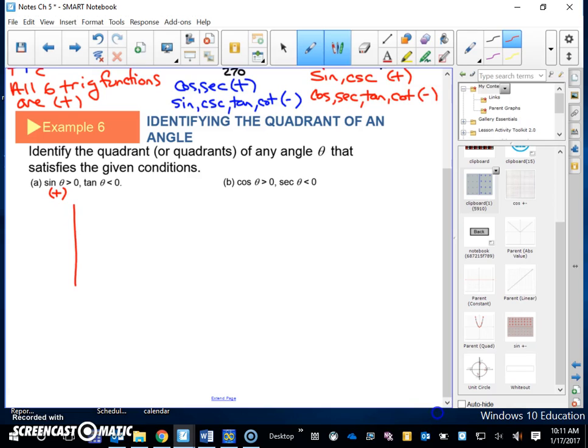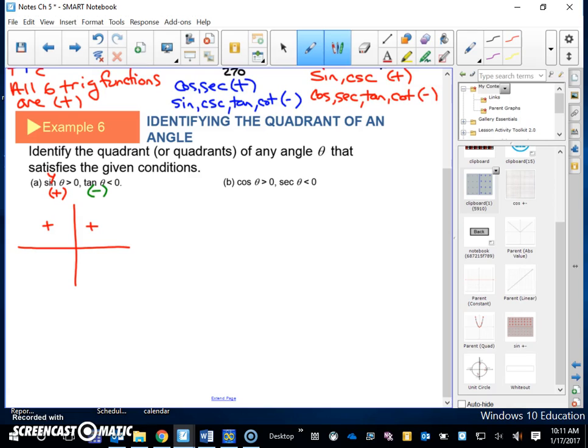So imagine where that is. We know sine goes with y, and we know where the y numbers are positive is up here in quadrants 1 and 2. But then tangent theta is less than 0. It's another way of saying tangent theta is negative.